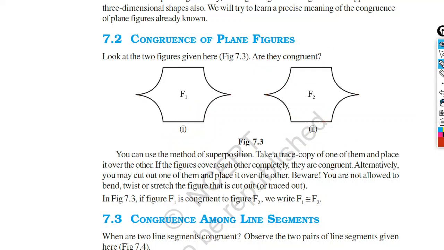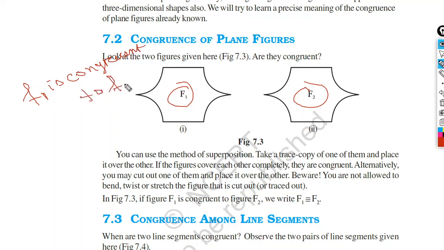Here we can say F1 figure and F2 figure. We'll write F1 is congruent to F2, or in other words we have a short form for congruent. What is that?